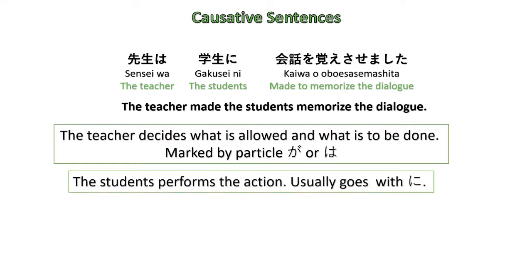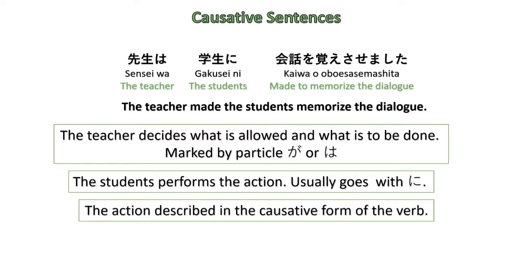It is the students that perform the action, and it usually goes with the particle ni. So the teacher causes the students to memorize the dialogue. And then we have the action described that is in the causative form of the verb. So the teacher decides what is allowed and what is to be done. Or the teacher causes what is allowed or what is to be done.